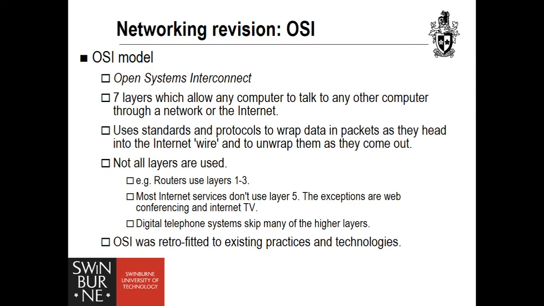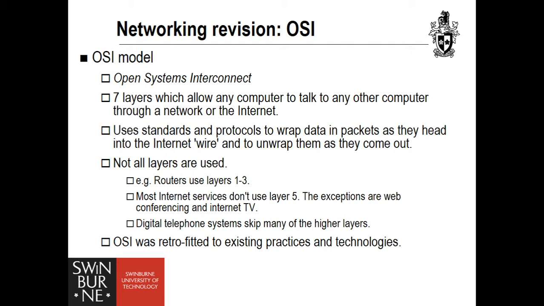Okay, what is the OSI model? OSI stands for Open System Interconnect. Inside the model there are 7 layers which allow any computer to talk to any other computer through a network or the internet. It uses standards and protocols to wrap data in packets as they head into the internet wire and to unwrap them as they come out.